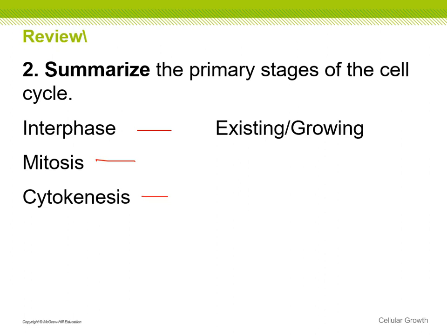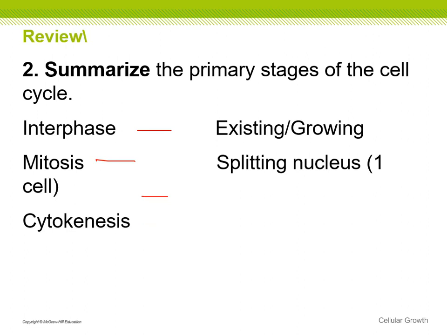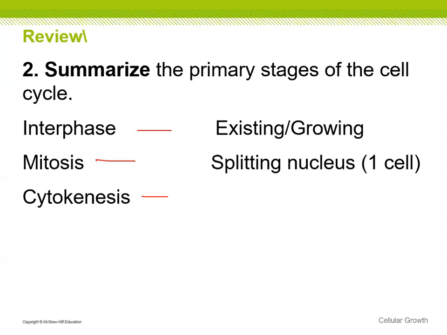In mitosis, it's splitting the nucleus, not the cell, the nucleus, still one cell. And in cytokinesis, it's splitting the cell. There's now two of them.